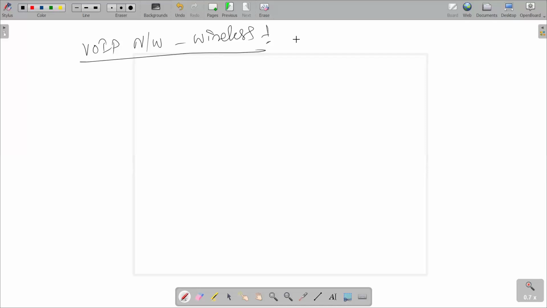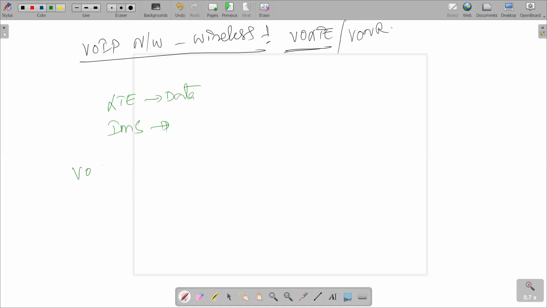This is VoLTE, or VoNR. So what exactly is this? We have seen that LTE is purely a data network, which is not useful for voice transmission, and we have seen IMS, the IP multimedia subsystems.